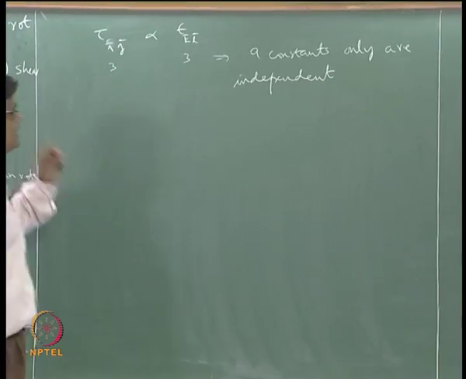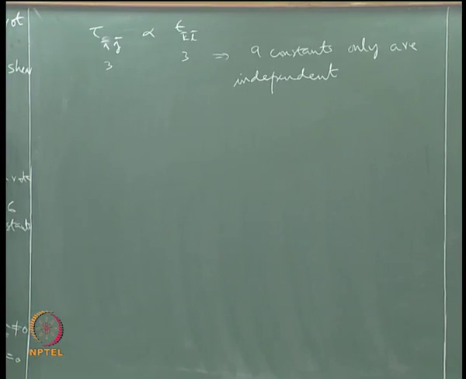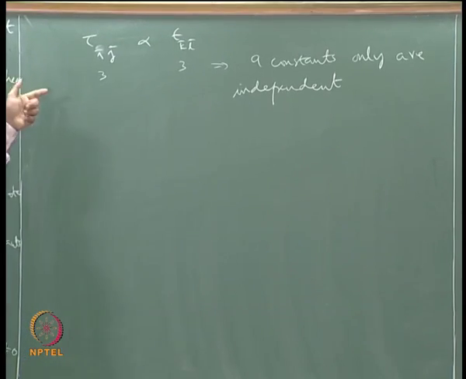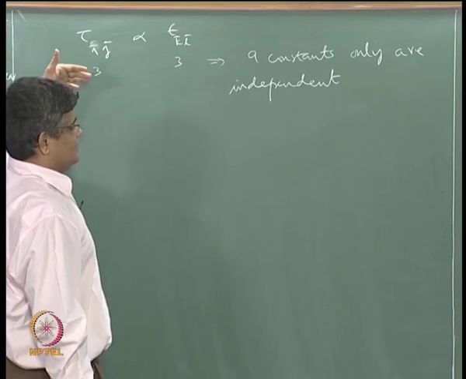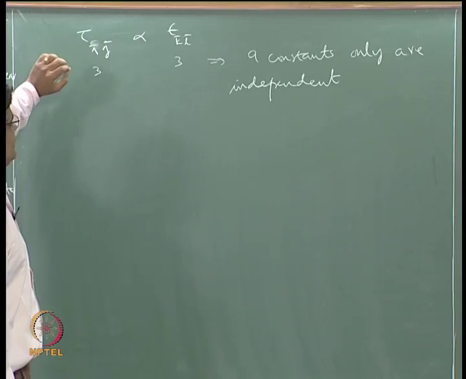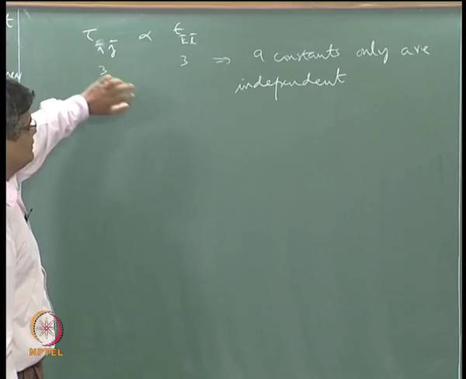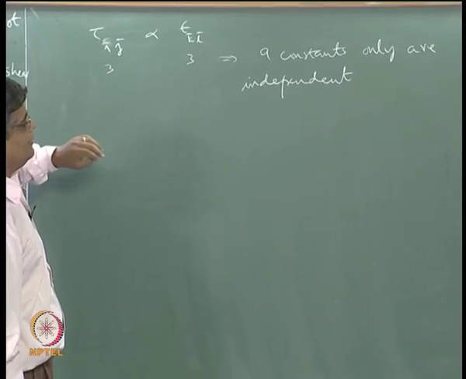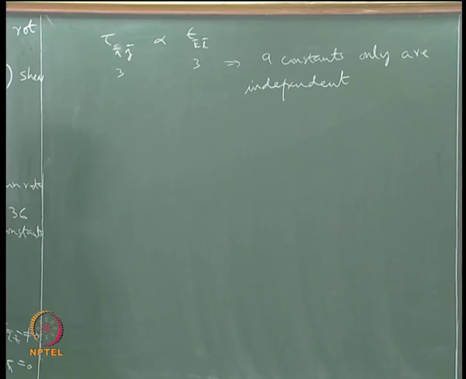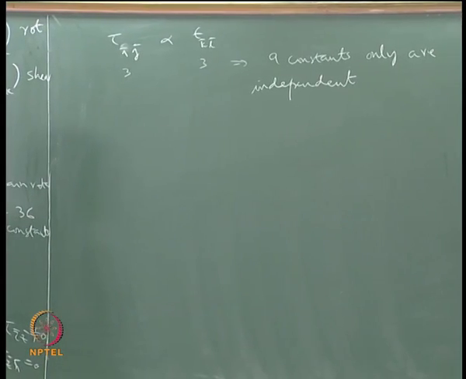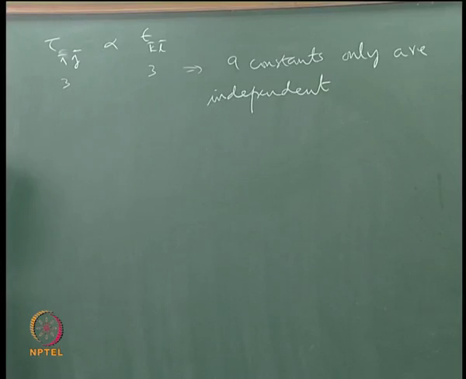Only 9 independent constants exist if we want the principle that the linear relation is invariant to coordinate transformation, which is usually a requirement for any good constitutive relation.